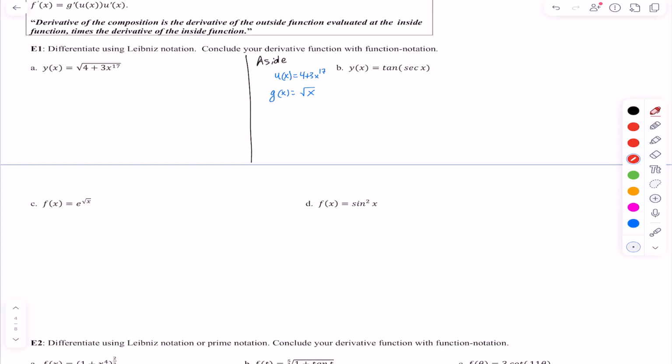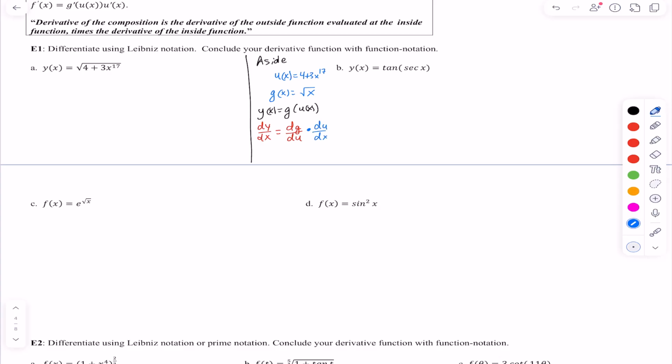If y of x is composed of g composed with u of x, then the derivative of y with respect to x is equal to the product of two rates. Derivative of g with respect to u times the derivative of u with respect to x.